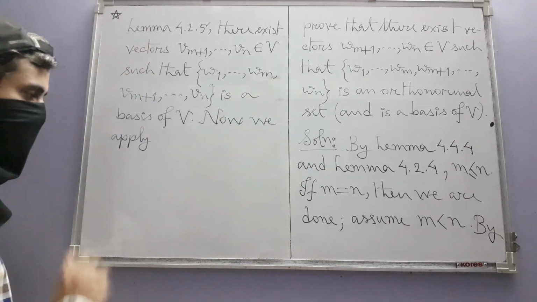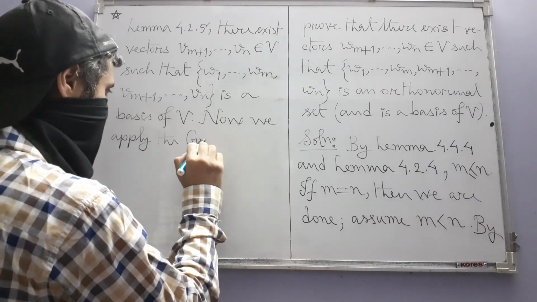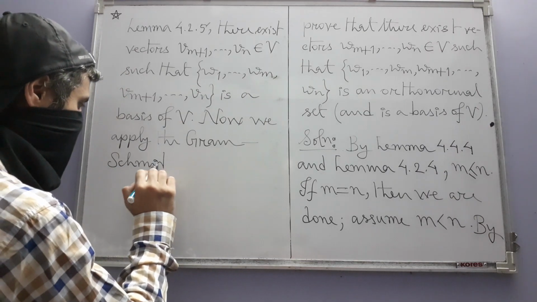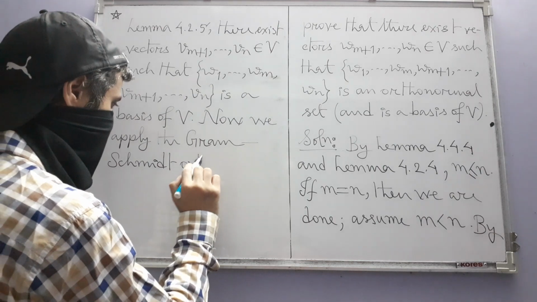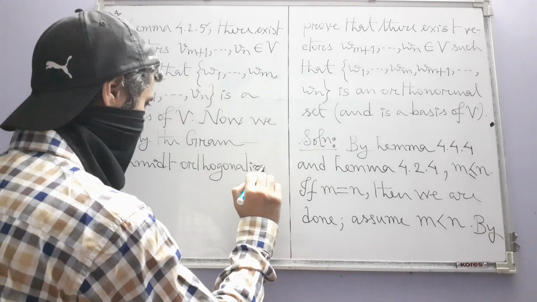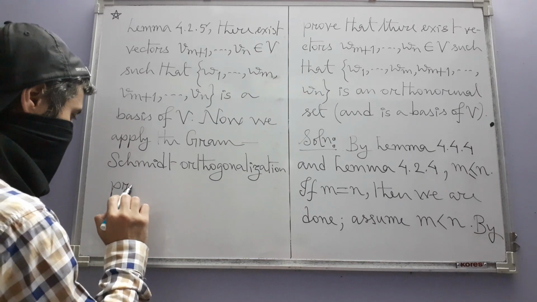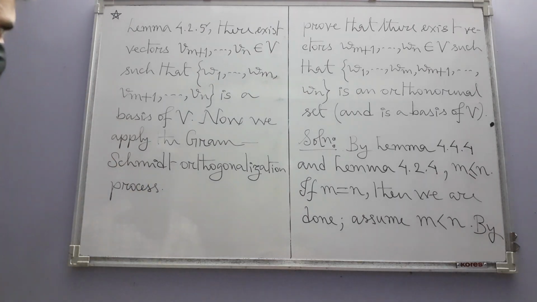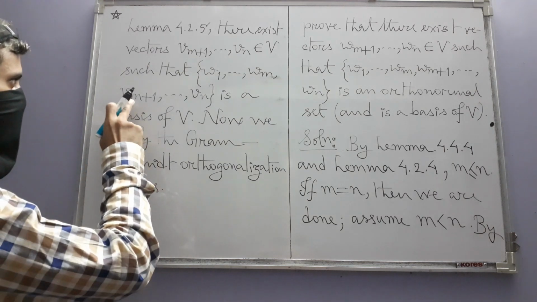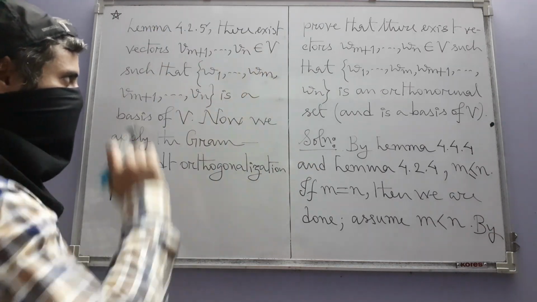So we are going to do that here now. So for that, what we are going to do, we will subtract from Vm plus 1 its components along the directions of these Wi's.